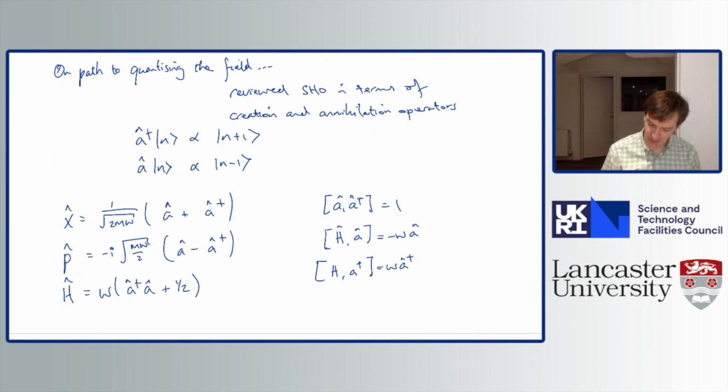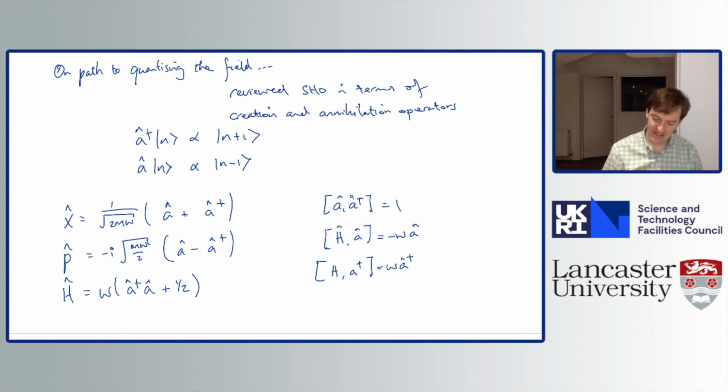Top. So here we wrote down that H with a in this quantum mechanics example was minus omega a. Okay, so this, in a sense, is a definition of what a lowering operator is. Because it's this commutation relationship that shows you that acting on a reduces the energy by an amount omega.